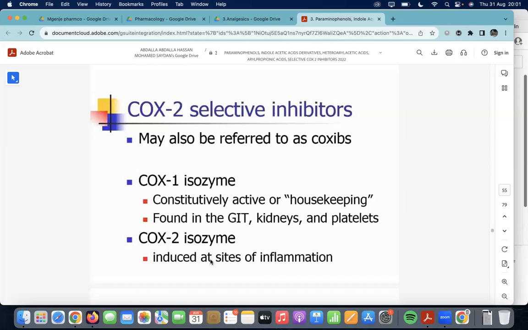The COX-2 isoenzyme is induced at sites of inflammation. These cyclooxygenase enzymes are talked about in more detail in second year notes, so I really don't want to go into deep discussion about them right now, because we might stay too long on this question. Just know the COX enzymes are spoken about in more detail in second year.